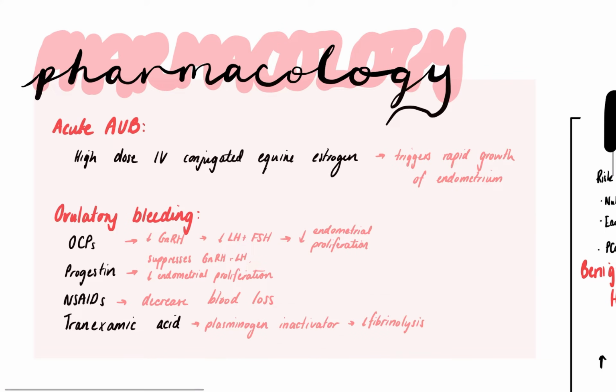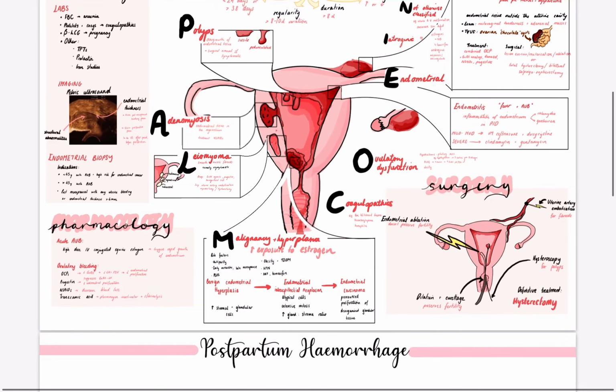Then, in the case of really bad, for example, coagulopathies or extreme blood loss, we can use tranexamic acid, which is a plasminogen inactivator and decreases fibrinolysis. So basically it makes your platelets sticky and clots them together. And tranexamic acid is also used in postpartum hemorrhage, so it's very popular in women's health. We love tranexamic acid, but we only use it in emergencies and for acute uterine bleeding.